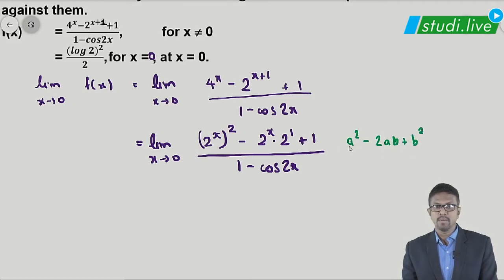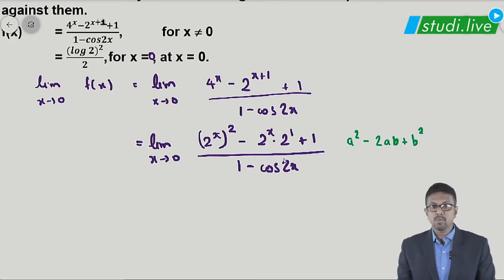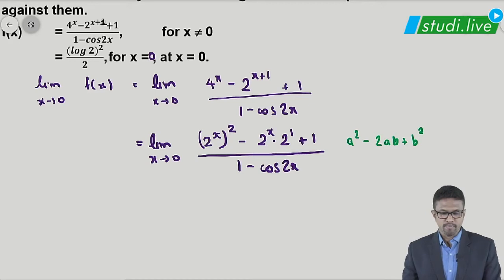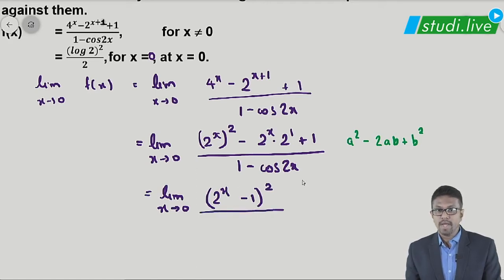The a term is of course 2 raised to x and the b term is 1, so the middle term is 2 into 2 raised to x. So let us use the formula a square minus 2ab plus b square. I can say this is limit x tends to 0 of 2 raised to x minus 1 the whole square upon 1 minus cos 2x.